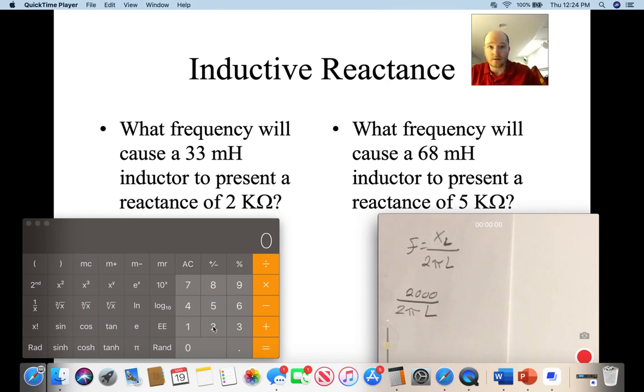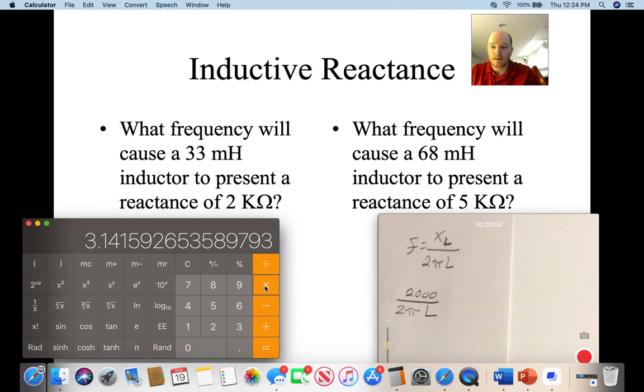Every calculator will be different, but I'm just using the one on the Mac. So I'm going to say 2,000 divided by, parentheses, 2 times pi times 0.033, close off my parentheses, hit equals.